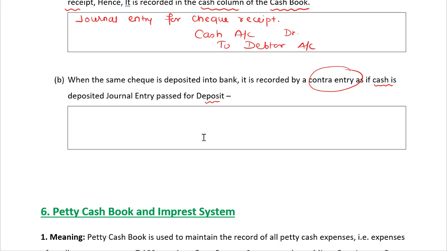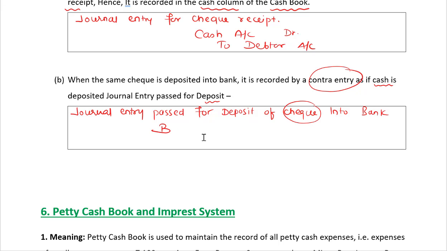Are you clear? So when we deposit the same check into bank, what journal entry will we pass? When you received the check, you treated it as cash, so when you deposit the check, you will treat it as cash only.